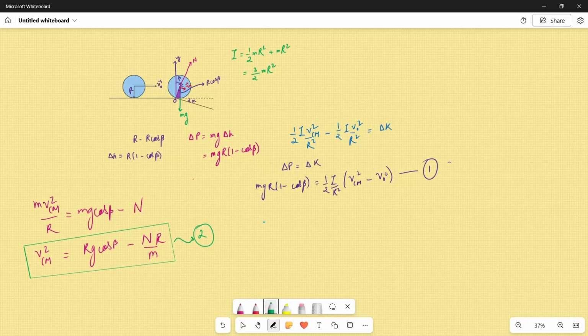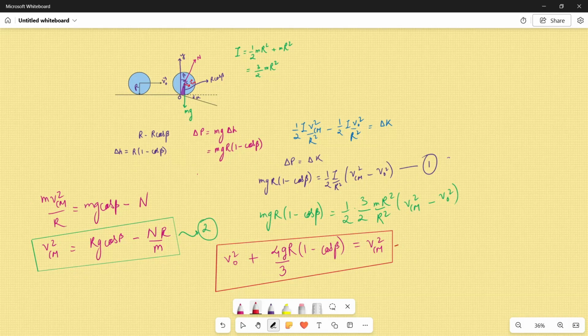Solving 1 and putting the value for moment of inertia, we have mgr(1 minus cos beta) equals 1 by 2 times 3 by 2 mr square divided by r square times (v center of mass square minus v naught square). Solving this, we get, and this is equation number 3.